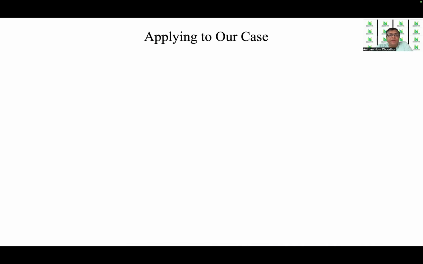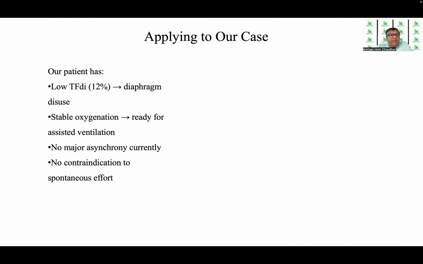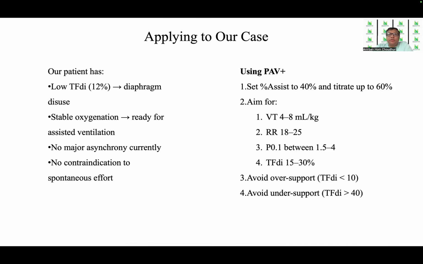so as to reduce the thinning of the diaphragm. Applying this to our case, our patient has a fractional thickening of 12%, so there is diaphragm disuse, stable oxygenation, so is ready for assisted ventilation, no major asynchrony currently, and no contraindication to spontaneous effort. So when we use proportional assist ventilation, we set the percentage assist to 40% and titrate up to 60%, aiming for a tidal volume of 4 to 8 mL per kg and a respiratory rate of 18 to 25.